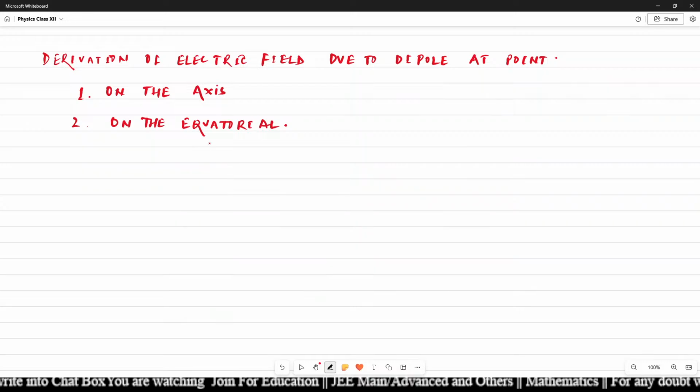So, in this class, I am going to derive the expression of electric field due to dipole at a point when the point is on the axis and when the point is on the equatorial. So let's see the relevant figure for this expression.